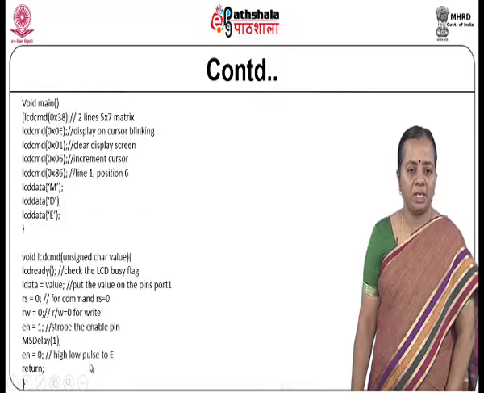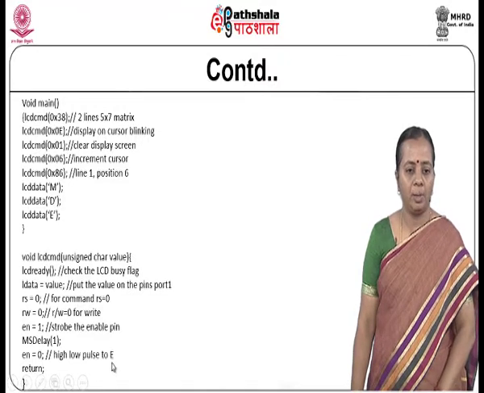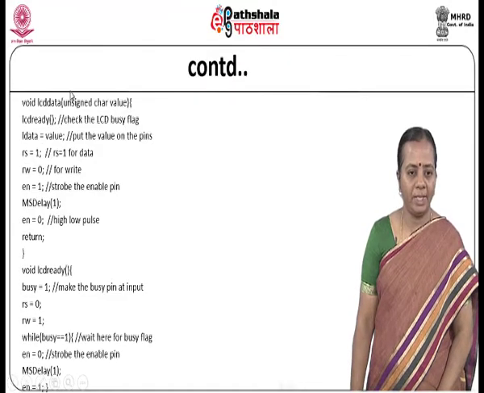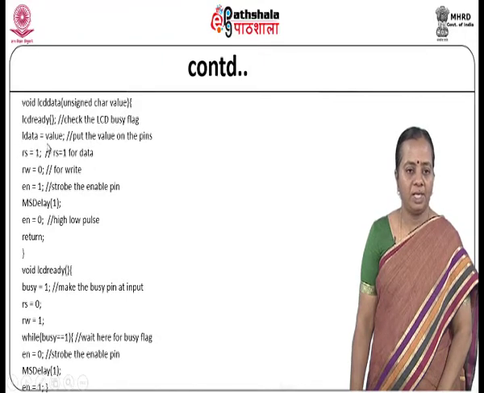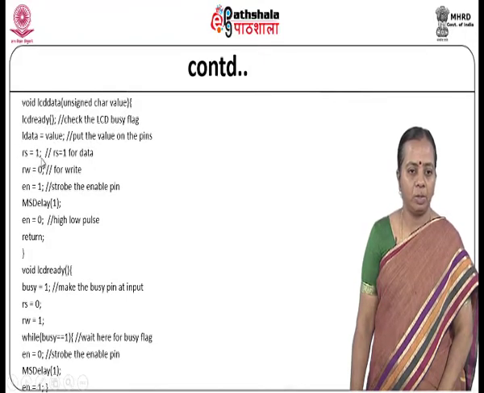So a high to low pulse is sent to enable the E pin. It is not looking at either 1 or 0; we need to send one high and one low pulse so that we enable the LCD. Then LCD_DATA: the LCD ready function is checked first. After that the value is sent to the data pins, port 1, then RS is equal to 1. This is for data.